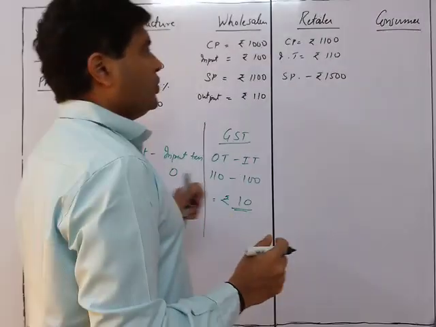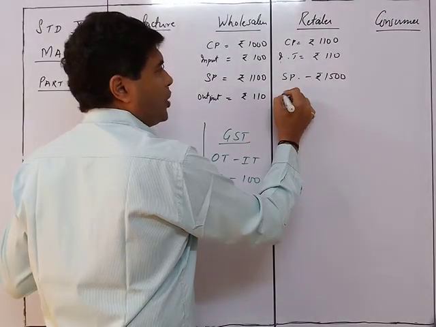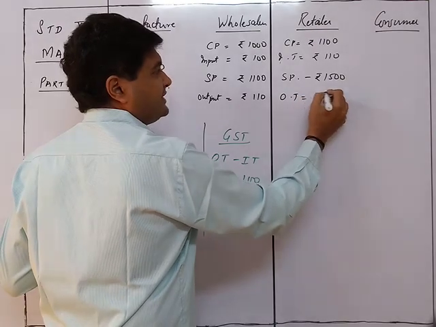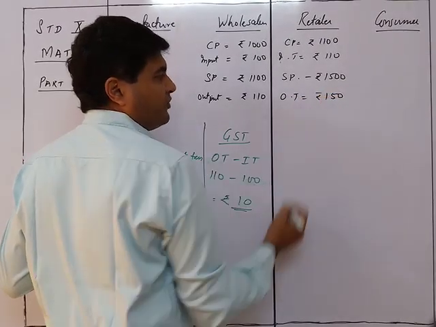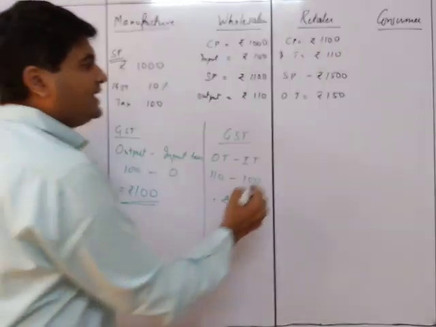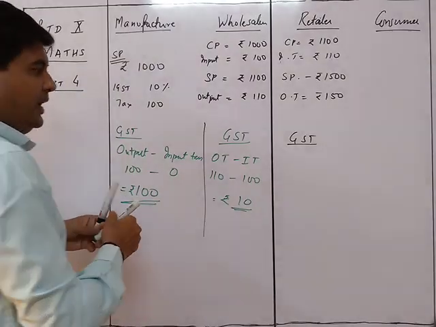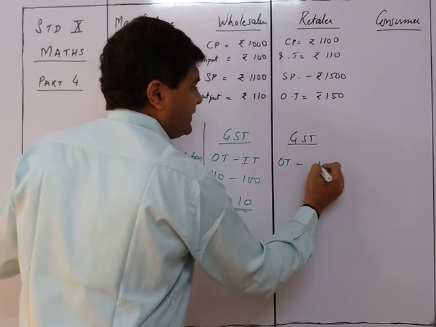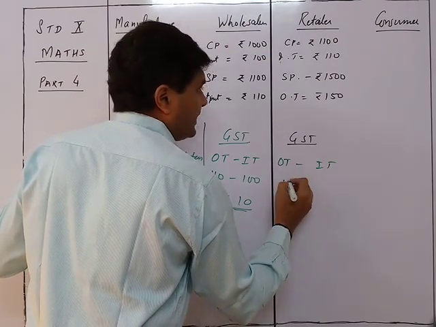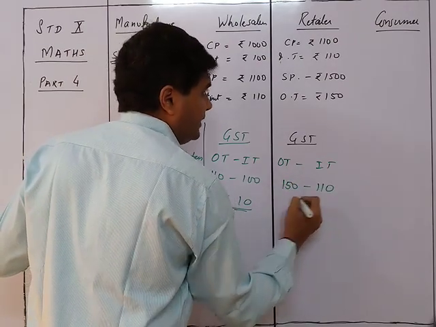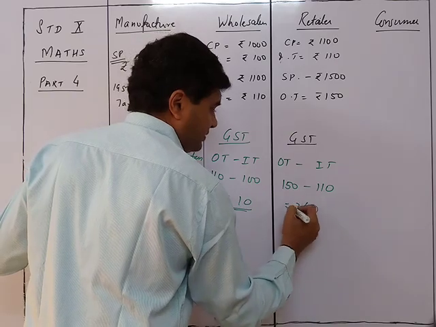So he is going to 1,500. So his output tax is going to be 10% of 1,500, so 150 rupees. So what is the GST he is going to pay? The GST this person is going to pay will be output tax minus input tax, equals 150 minus 110, equals 40 rupees.